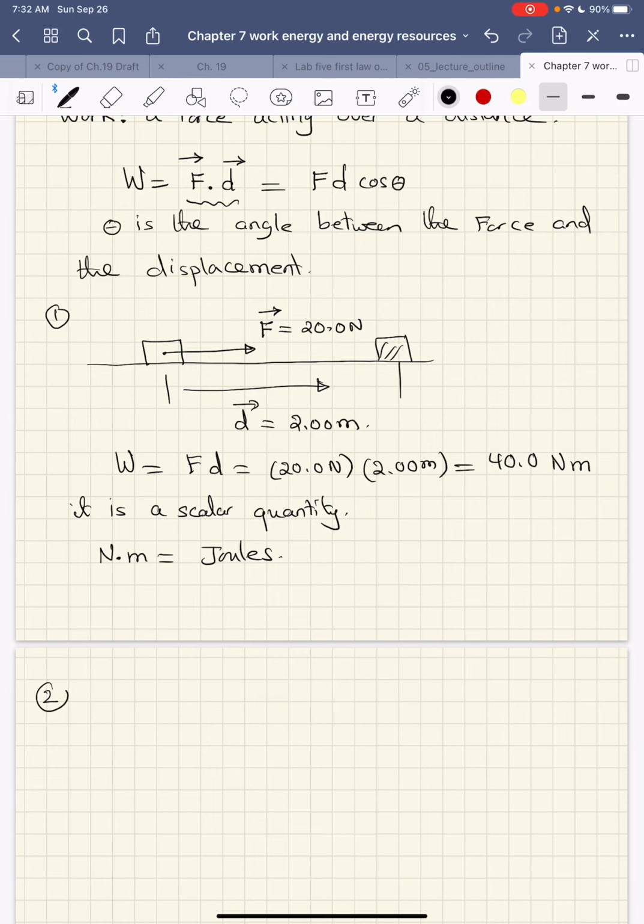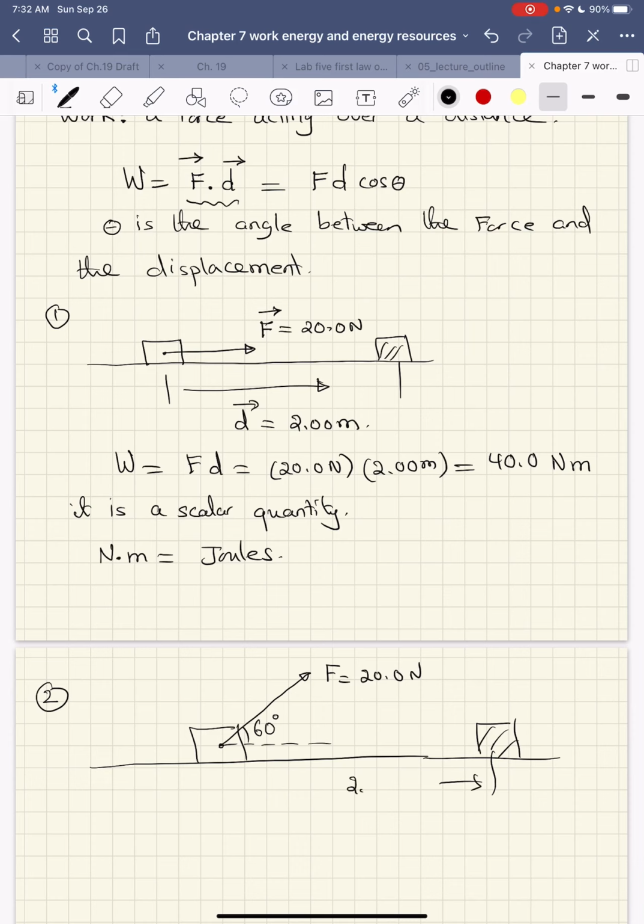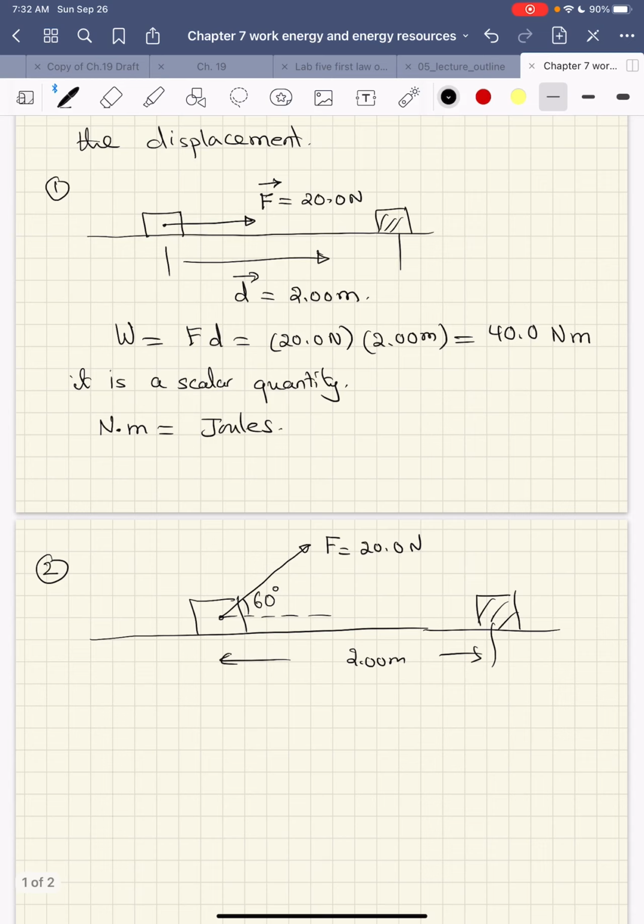Now, I can have another situation where I have the force acting at an angle which is 60, okay? And it is the same force, which was 20, and it was able to move the object 2 meters. I need to find the work. This is d, and the angle between them is 60.